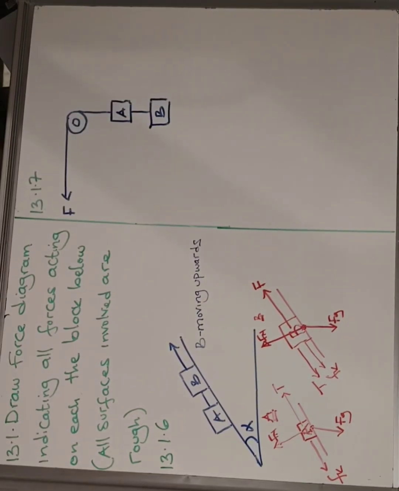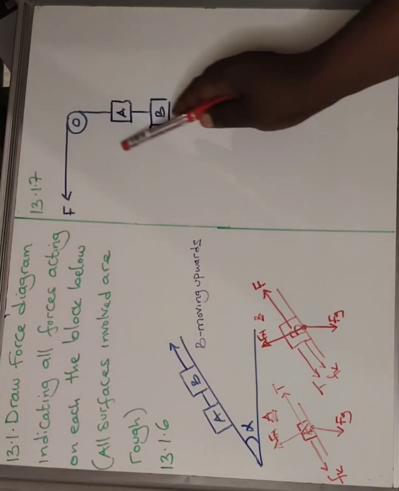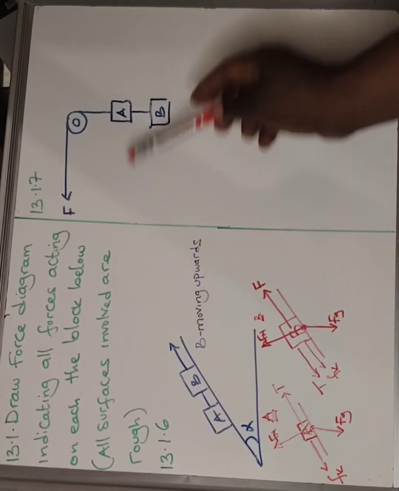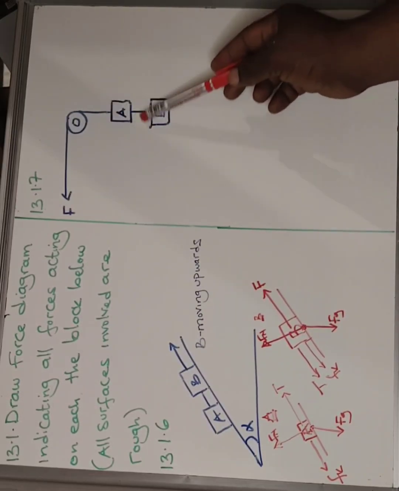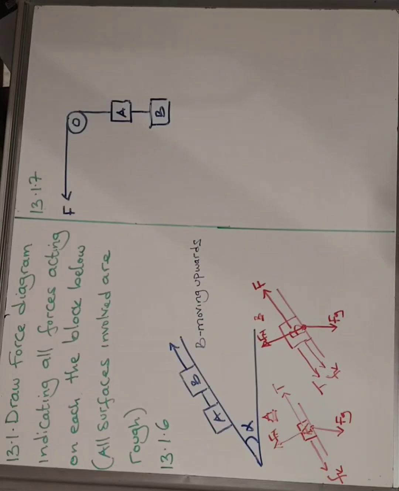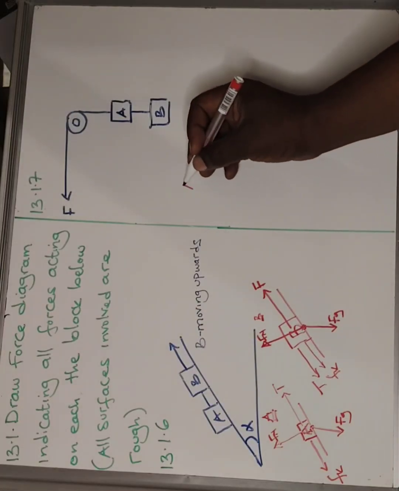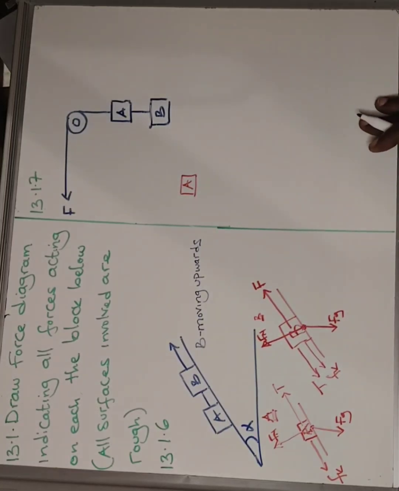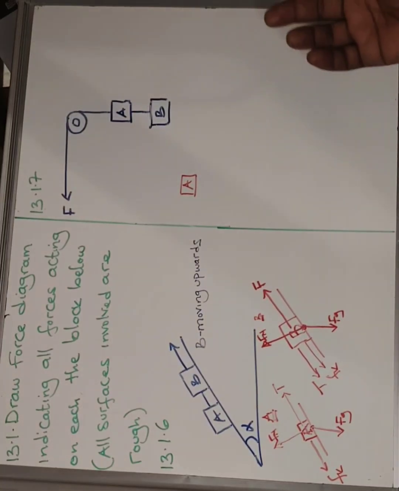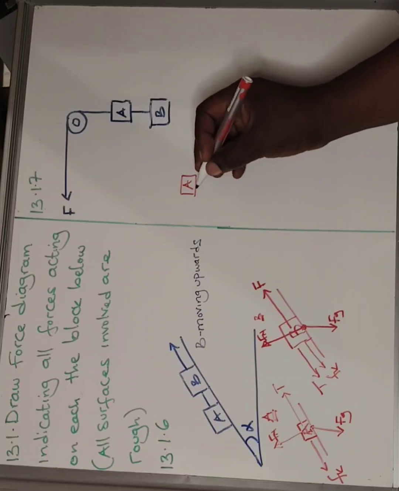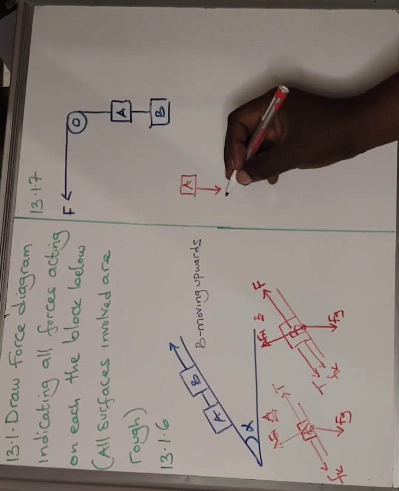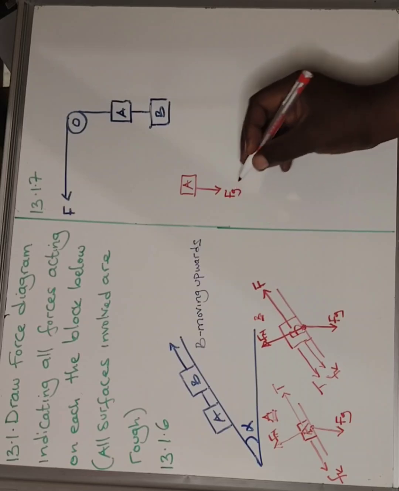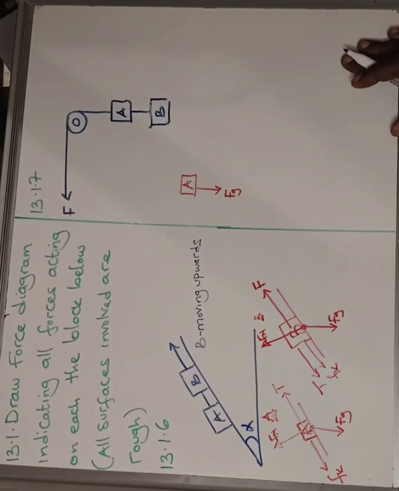Then comes this question. We are supposed to draw the force diagram indicating all the forces acting on each. So let us look at A. What forces do we know which are acting on A? First of all, it is hanging, so it doesn't have a normal force. But we know it has our Fg, like all objects.